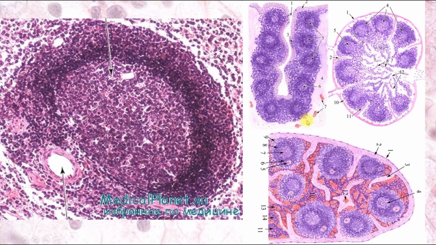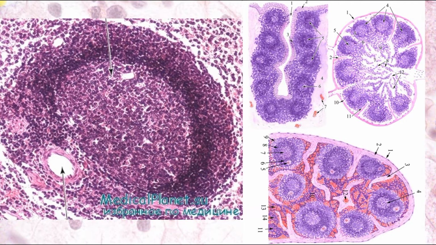And we can see that lymphocytes form spheric, round structures, they form groups. And here we can see this group of lymphocytes. So how do we call this group? This group of lymphocytes is called lymphatic nodule or lymphatic follicle.